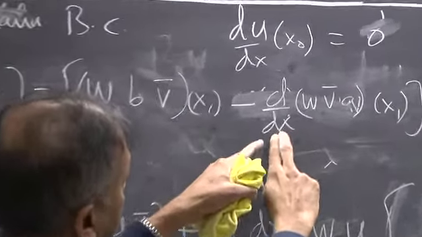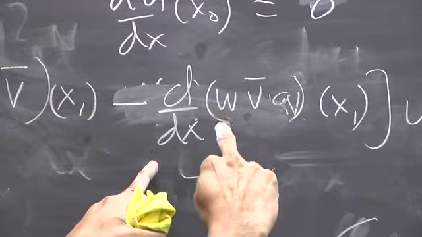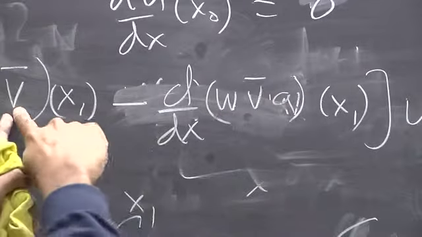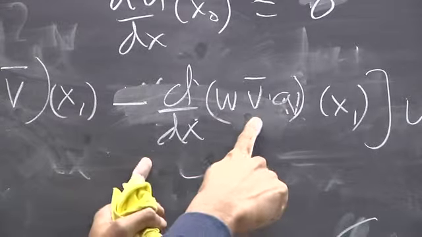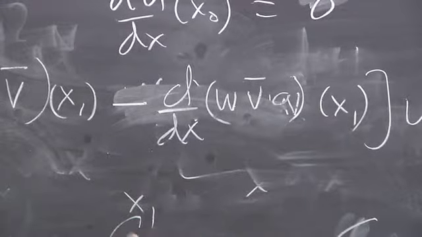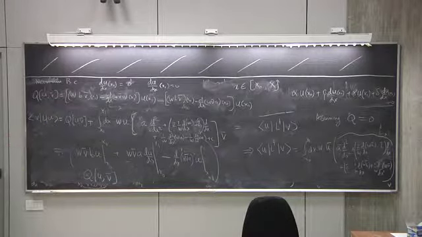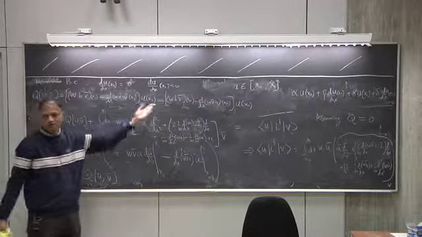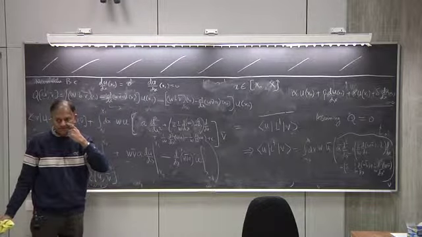You get two terms: one when the derivative hits w a, which comes with a v bar, and another when the derivative hits v bar. So it's a combination of the value of v and the value of dv/dx at x1 and x0. They have to be 0, and that gives you the boundary conditions for the v.